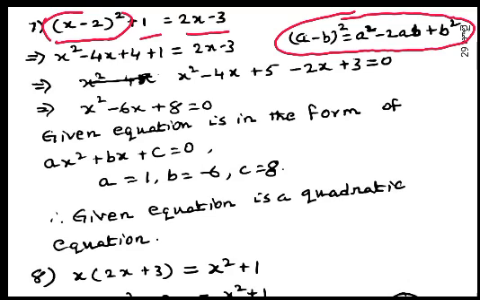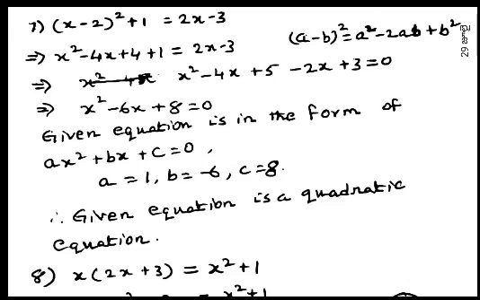Now, this (x - 2)² can be written as x² - 4x + 4, and this plus 1. So, plus 1 equals 2x - 3. Now, bringing all the terms to the left hand side, we get the equation x² - 6x + 8 = 0.